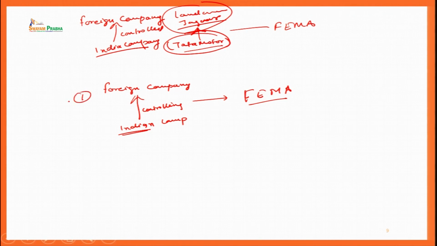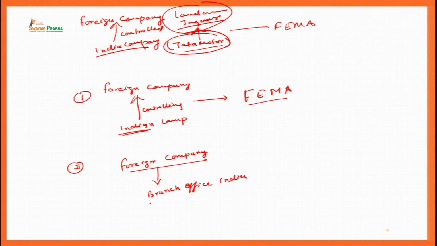Next situation that we can see, if there is a foreign company and this foreign company is having a branch office in India. Right, there is a foreign company and it's having a branch office here in India. It's having a wholly owned subsidiary in India.